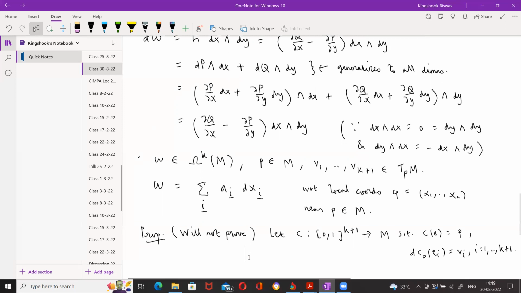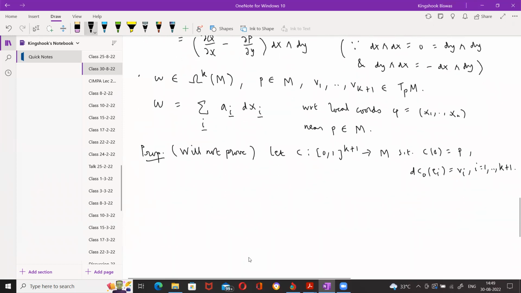Then the limit, epsilon tending to 0, 1 over epsilon to the k plus 1, integral over boundary C epsilon. So C epsilon is a k plus 1 cube, so its boundary is a k cube. So I can integrate omega over the boundary of this small k plus 1 cube, sorry.